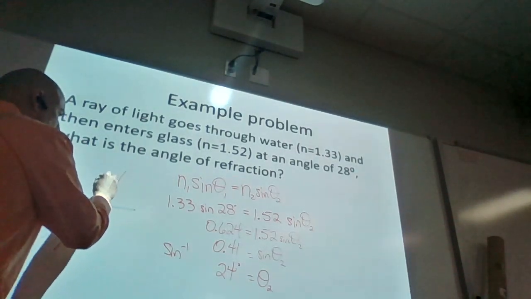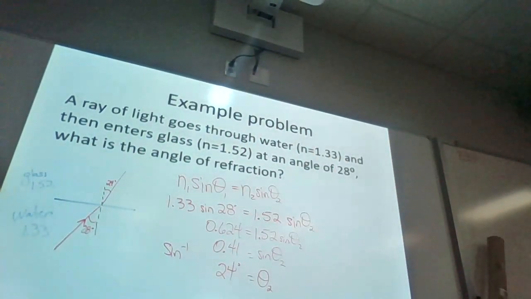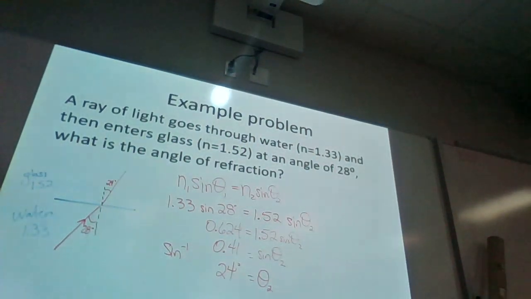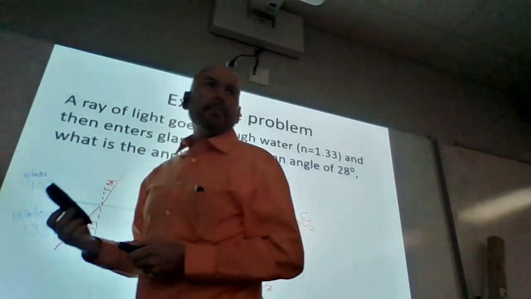That angle there is 24 degrees, bends towards the normal line. Good with that? Or always. Yep. With light. Good there? That is the extent of the math. Okay.